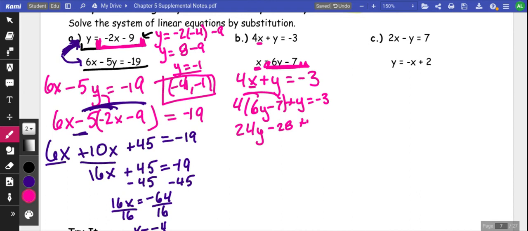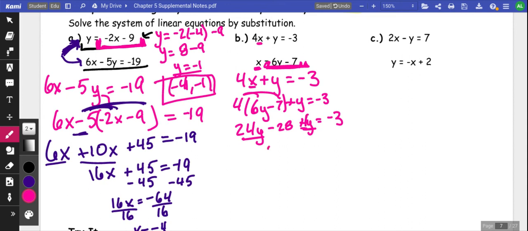All right, plus y is equal to negative 3. All right, so 24y minus 28 plus y is equal to negative 3. Okay, I can see right here I've got two y terms. I know I'm going to have to combine my like terms. Okay, remember, if I don't have a coefficient here for just y, it's 1.